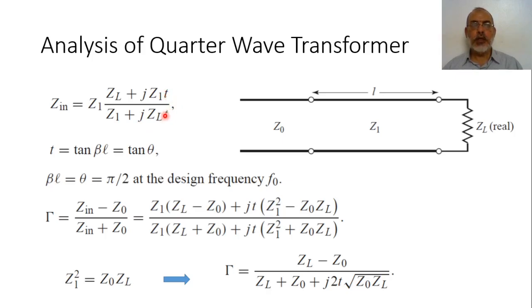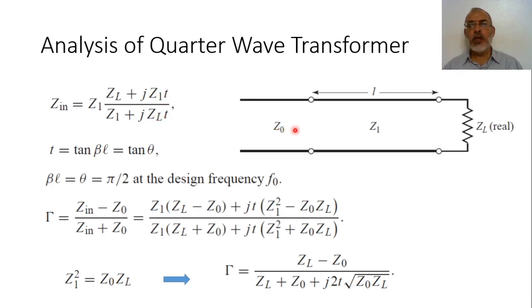So in this case, the input impedance would be Z1 multiplied by Z1 over ZL. Or in other words, Z input would equal Z1 squared over ZL.